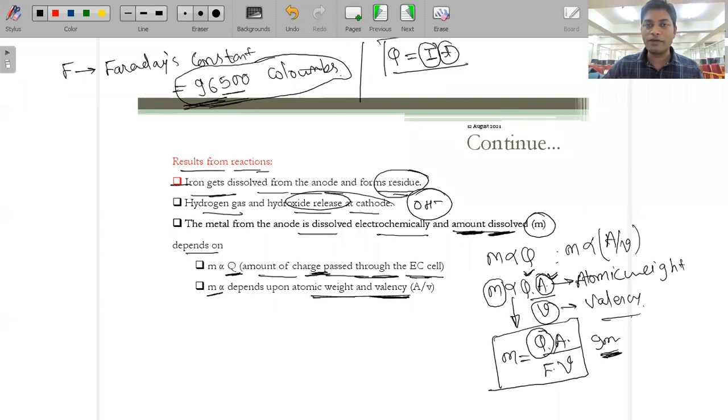Okay, let's leave it. We will discuss it in the material removal rate in the next class. Just remember that m will be equal to q into A upon F into V, and whatever value we get is in gram.